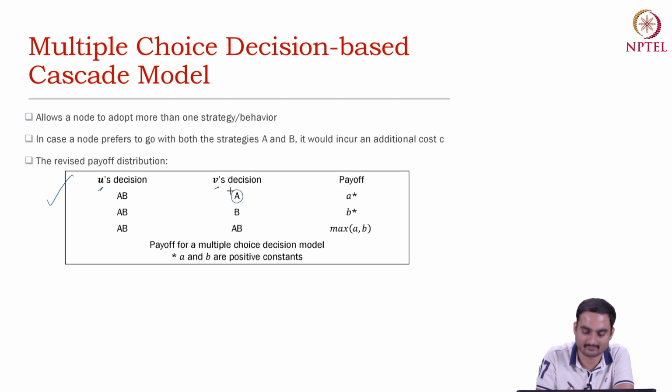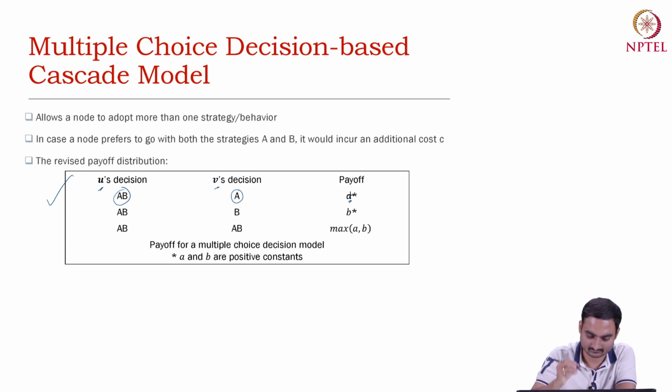V has chosen A and U has chosen A and B. So the payoff would be A, because you won't get the benefit of both A and B, because your neighbor has only adopted A. Let's say you have both Skype and WhatsApp, but your neighbor has only WhatsApp. So you can only communicate through WhatsApp, you can't use Skype.